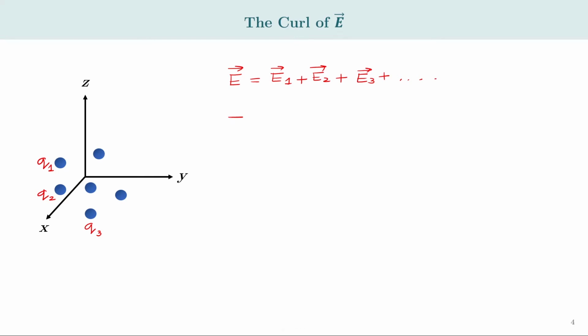This indicates that del cross E equal to del cross E1 plus E2 plus E3 plus etc.